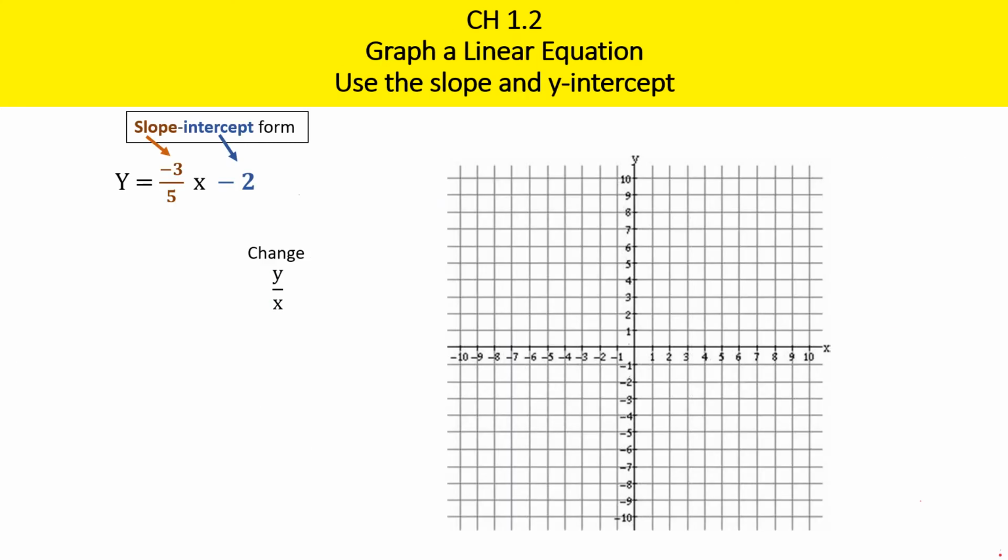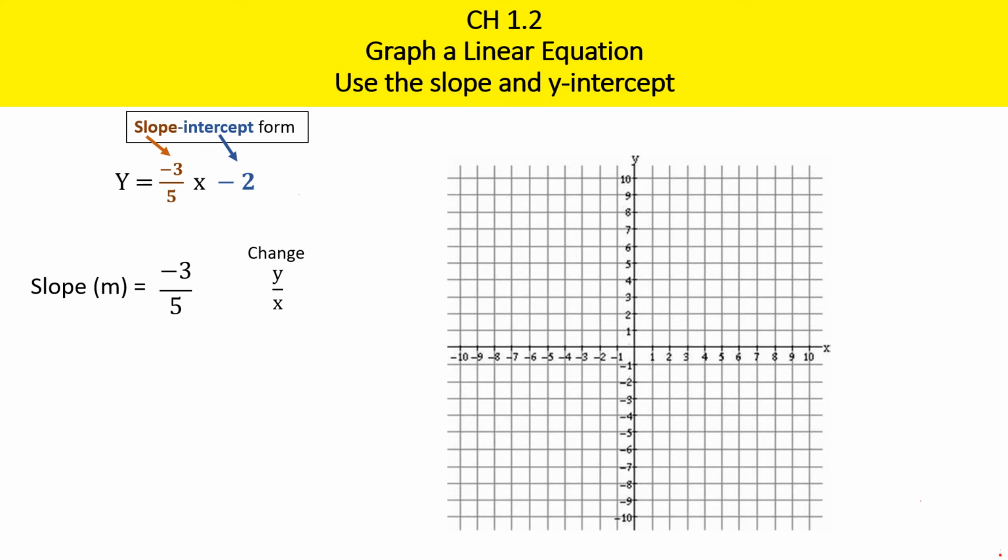We're being asked to graph a linear equation and to use the slope and y-intercept to graph it. Taking a look at the equation we're given, we can see it already is in the y equals mx plus b format. So we know that the slope m is going to equal negative 3 over 5. Now remember that the numerator is the change in y values, so y values are up and down along the y-axis.